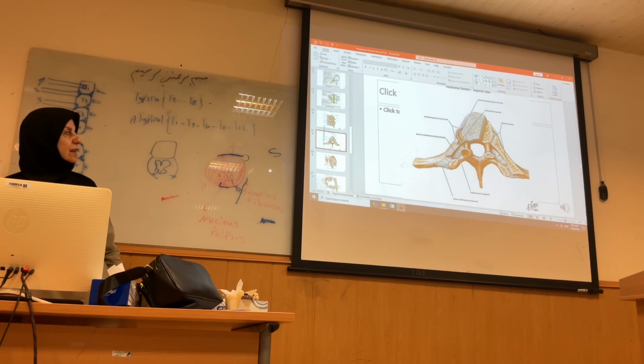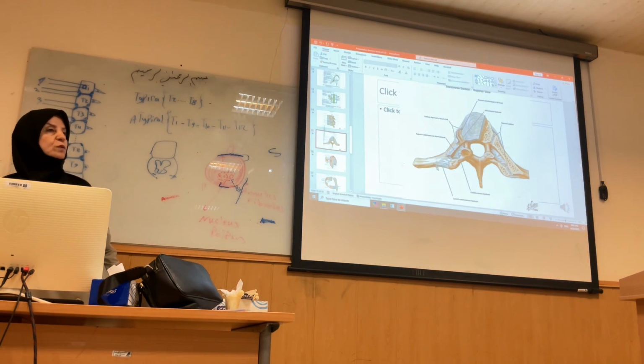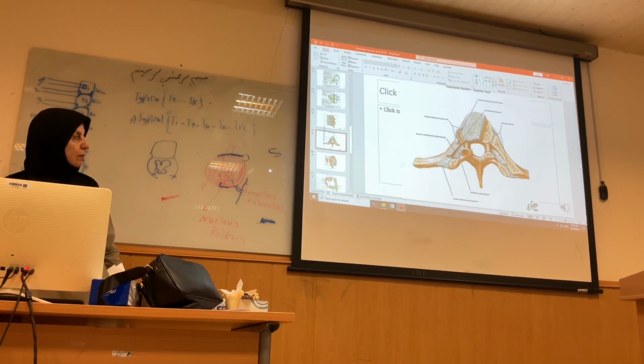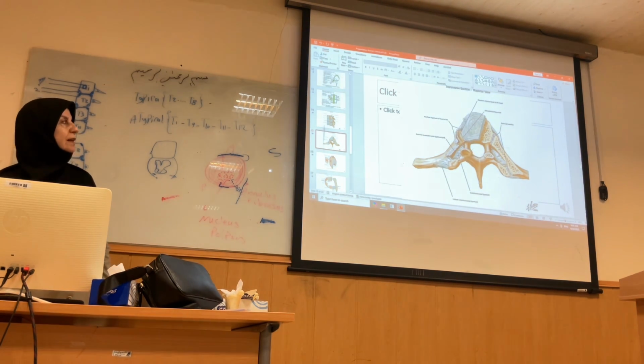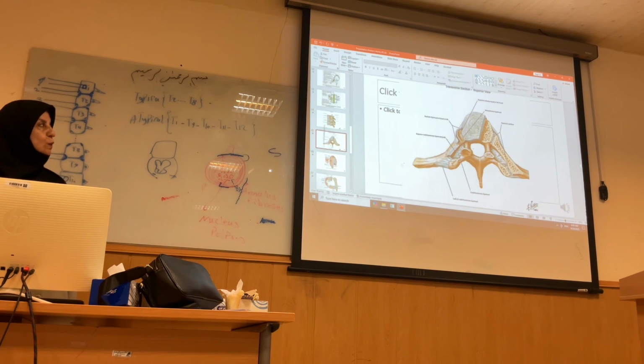What's the name of this ligament? Lateral costotransverse. What's the name of this ligament? Medial costotransverse. What's the name of this ligament? Superior costotransverse. Here you are going to look at the intervertebral disc, nucleus pulposus and annulus fibrosus.